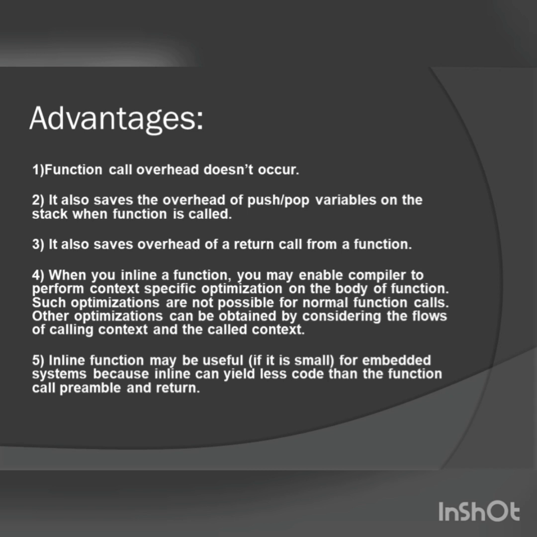When you inline a function, you may enable the compiler to perform context-specific optimization on the body of the function. Such optimizations are not possible for normal function calls. Other optimization can be obtained by considering the flow of the calling context and the called context.